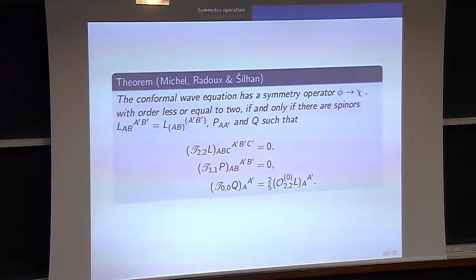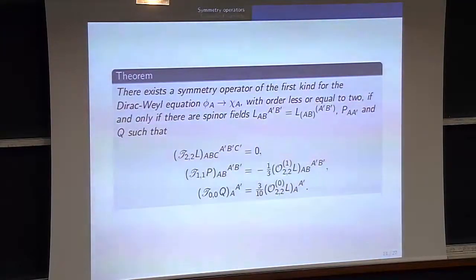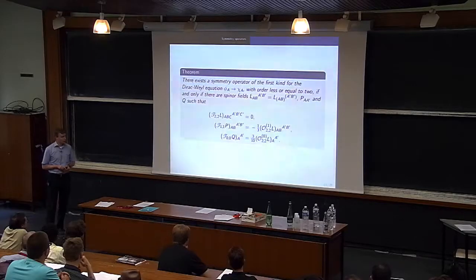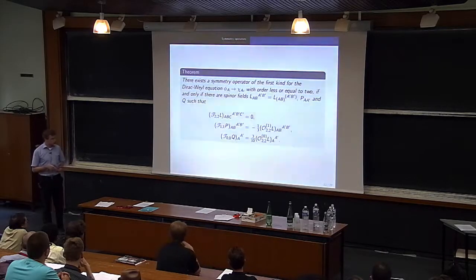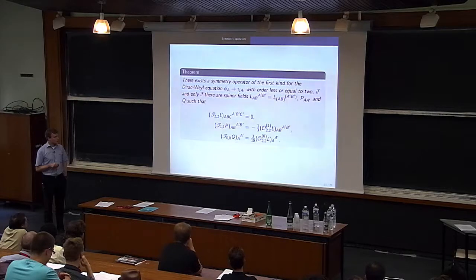The interesting thing is now when we go to the Dirac Weyl equation, we get an almost identical system. But the difference here is, we still have the valence 2 killing spinor, but now instead of 0 here, we get this other, the O1 operator. And this last equation looks almost identical.